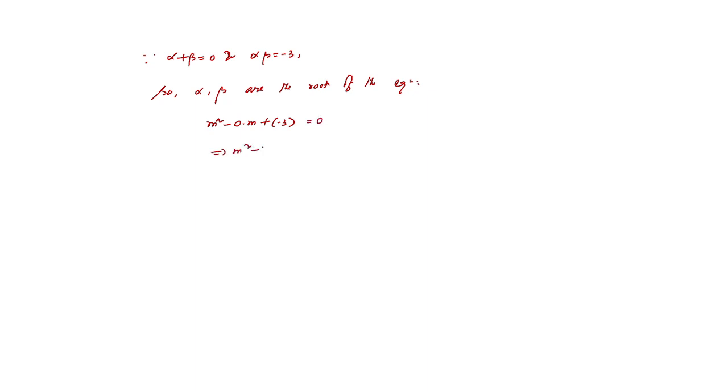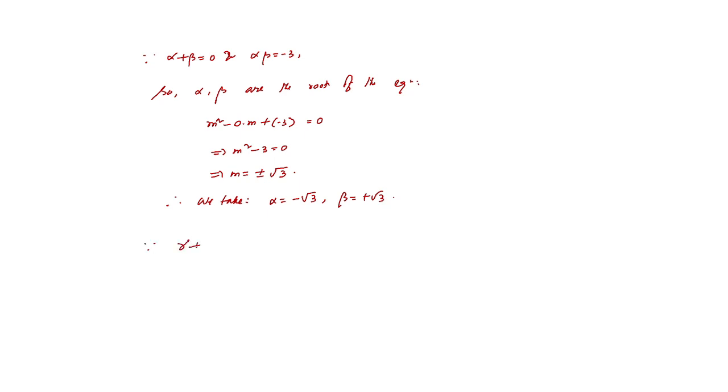That means m square minus 3 equals 0. So m equals plus minus root 3. So here we take alpha equals minus root 3 and beta equals plus root 3.